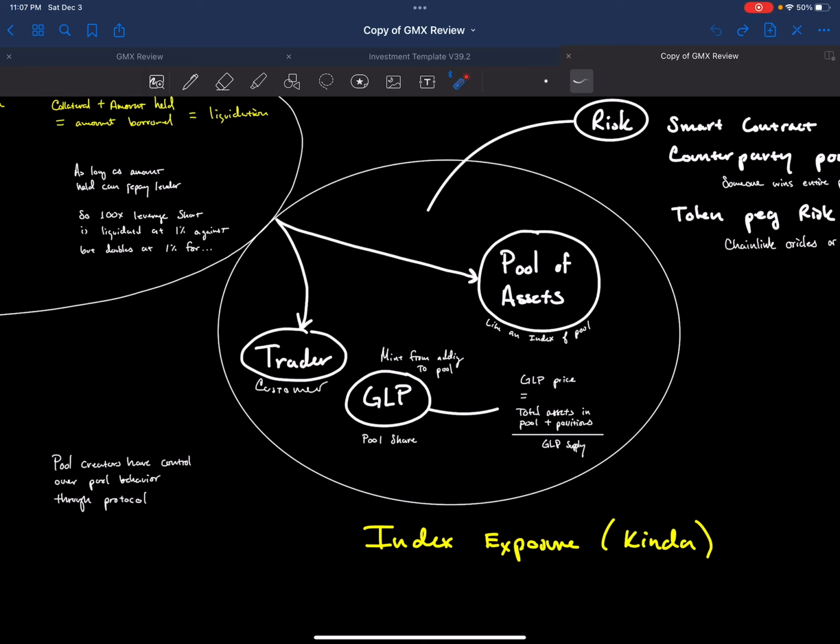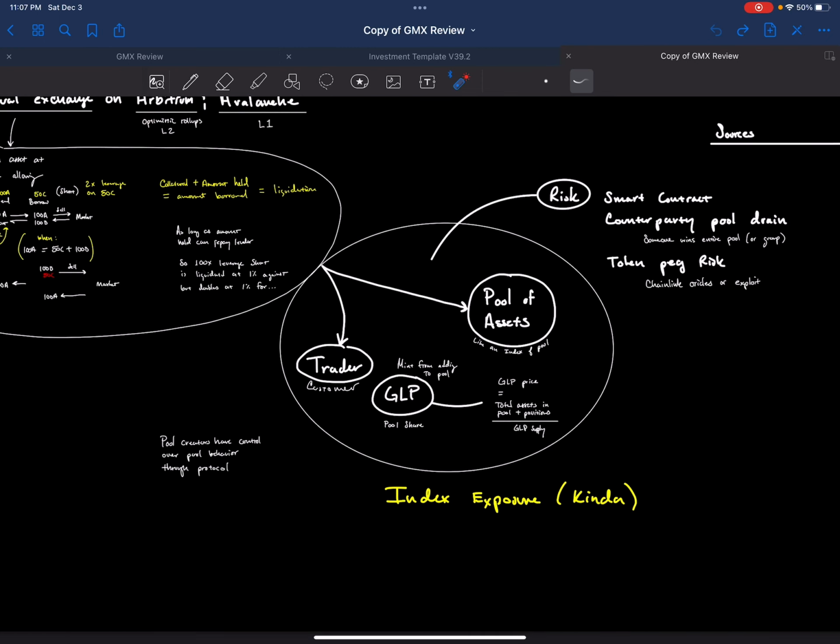So you can see there could be more longers or more shorters, but the protocol itself is in essence taking the opposite of the other position, because it's getting exposure to the opposite of whatever people are taking. And the idea here is that there are fees for this service provided by the pool, and the pool should come out ahead because most traders are at 50-50 odds, and the pool takes in fees, so the pool should grow, right? And that's the way it should grow in size.